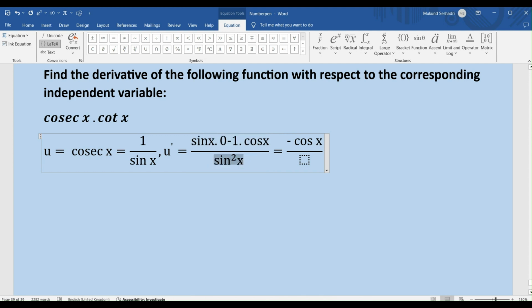It is nothing but minus of cosecant x into cot x, right? Why is that? Because my cos x by sine x is cot x, and then into 1 by sine x is cosecant x, right? So I have a cot x out here, right? So there we have our u dashed, okay, using quotient rule of differentiation.